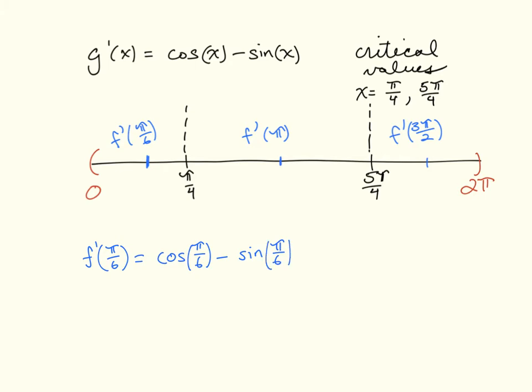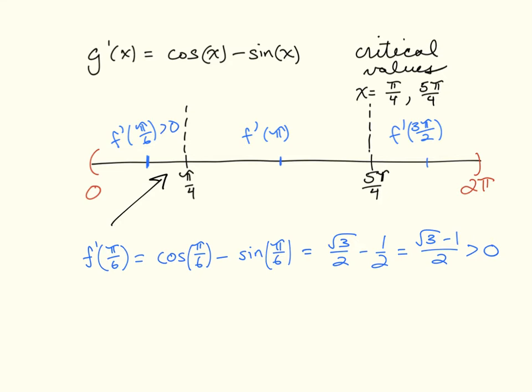Well, I know the cosine of pi over 6 is the square root of 3 over 2, and the sine of pi over 6 is 1/2. And when you subtract these things, square root of 3 minus 1 over 2, that is something that is positive. That gives you a value that's bigger than 0. So that tells you the original function is increasing on that interval.